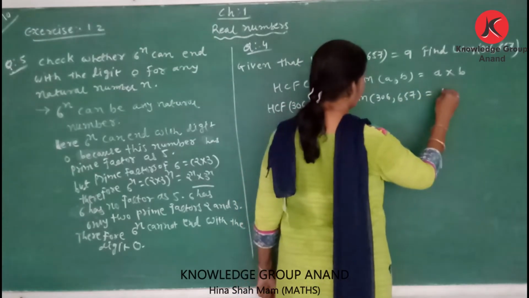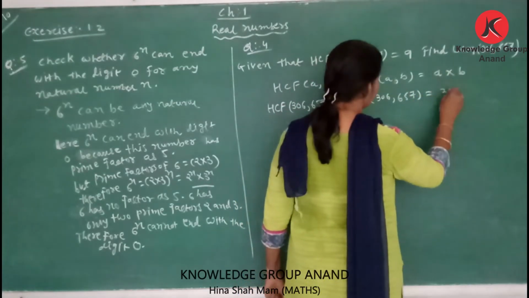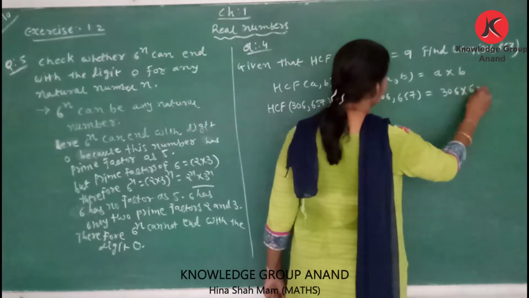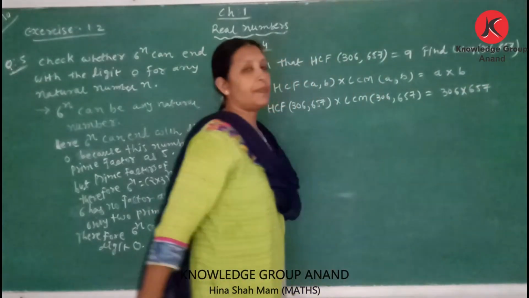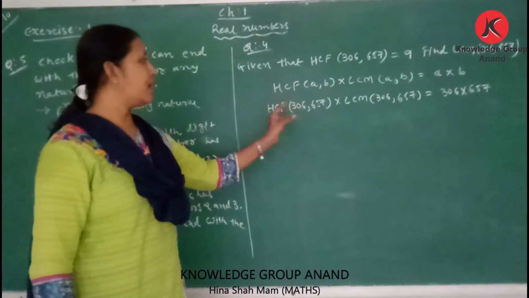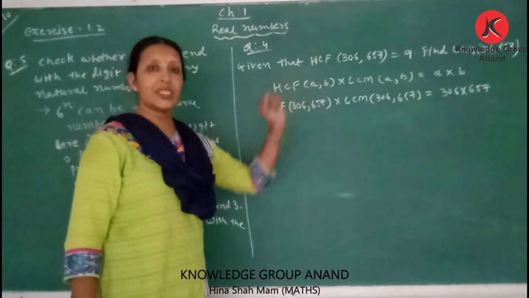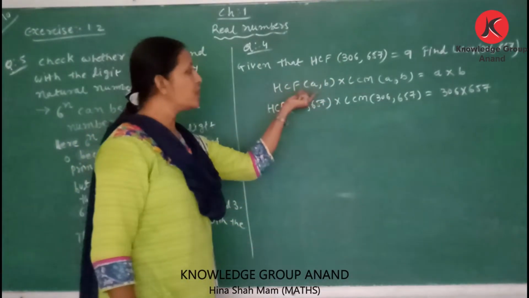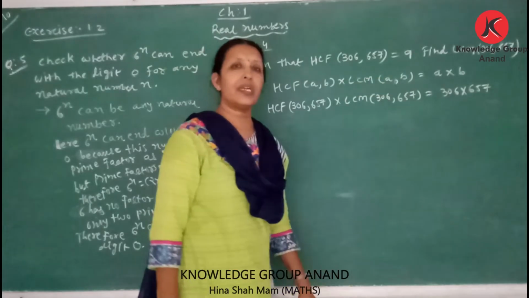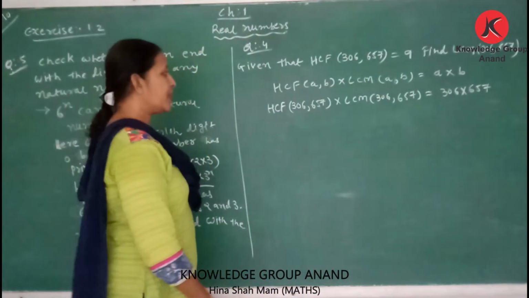HCF into LCM is equal to the product of these two numbers, A into B.